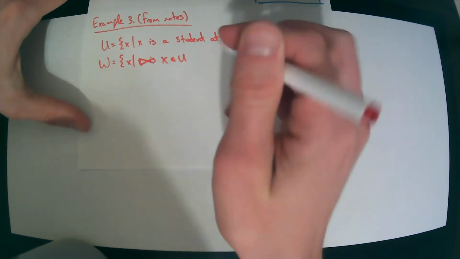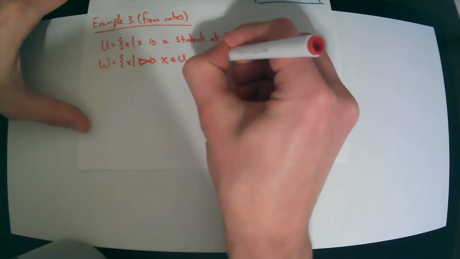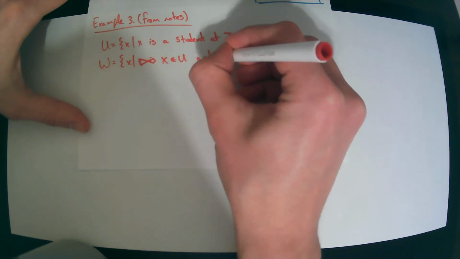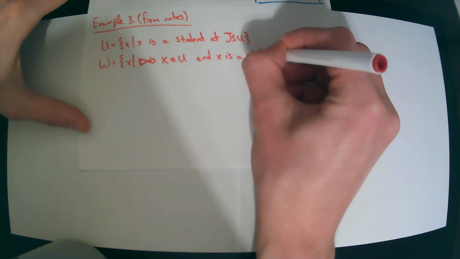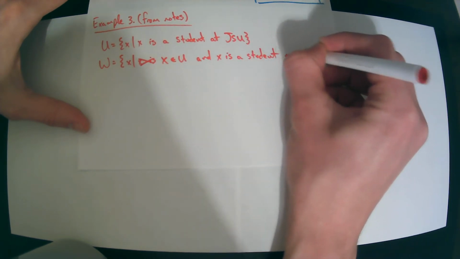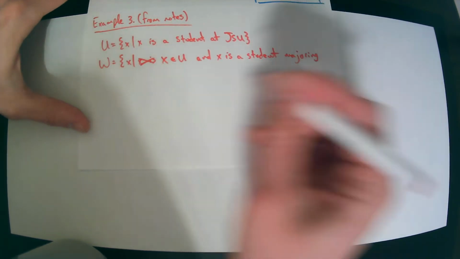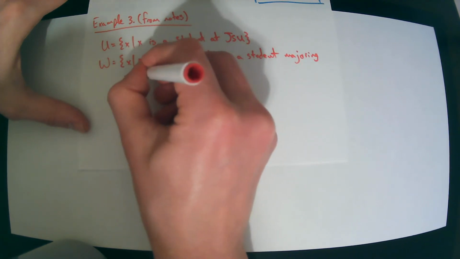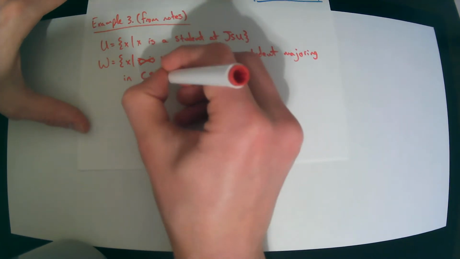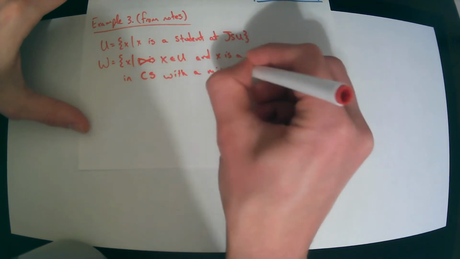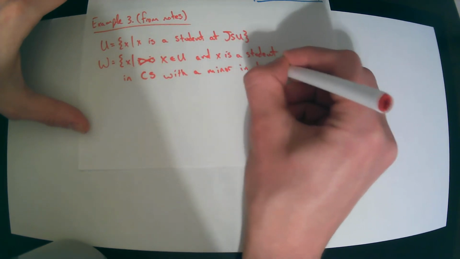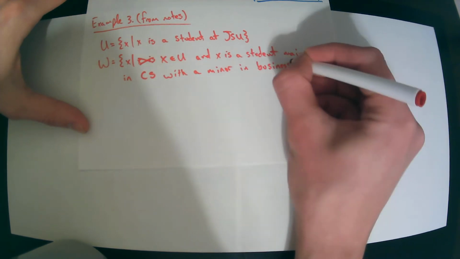It's a student at JSU, and X is a student majoring in CS, for computer science, with a minor in business.